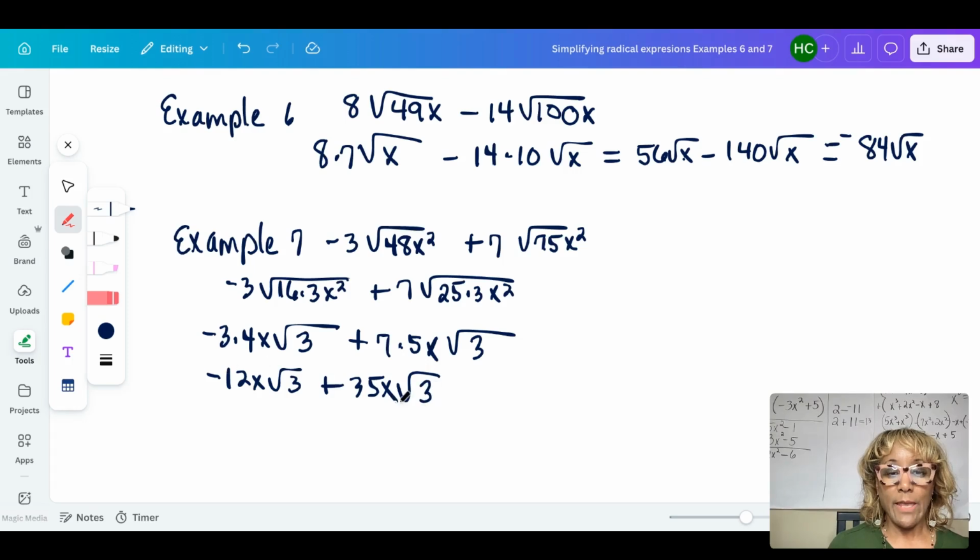So we now have the same index, same numbers under the radical. So that means I can now subtract my coefficients. So 35 minus 12, that's going to be what? 23? x square root of 3. And that's it. Stick a fork in me.